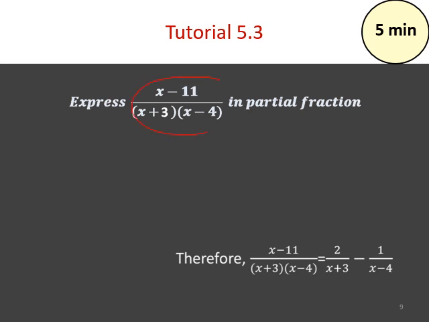We are given the composed partial fraction. It is expressed as x minus 11 divided by the first factor and the second factor. When we look at the factors, they seem to be linear factors, meaning that if you draw it inside the graph, it is a straight line. So how to solve that? Since it's a linear factor, it's easier.